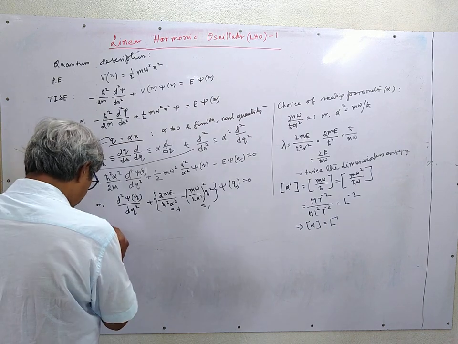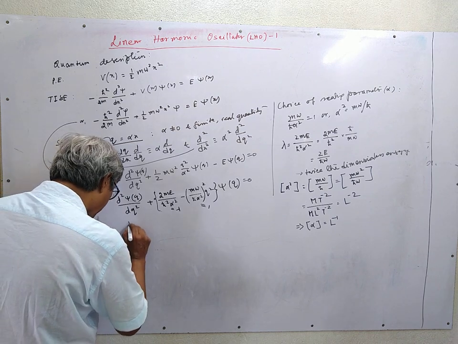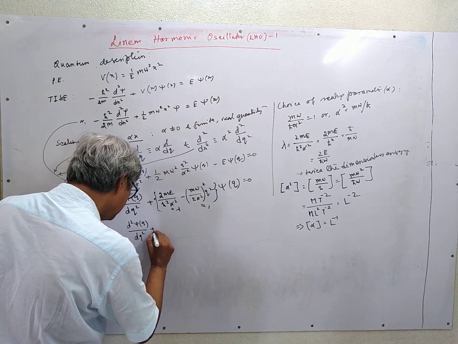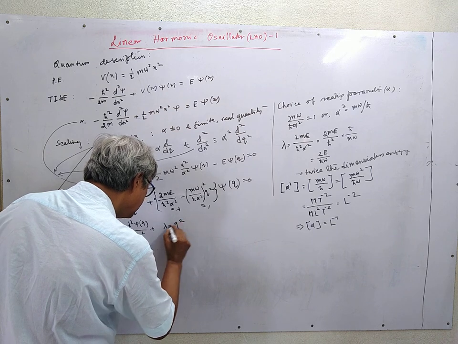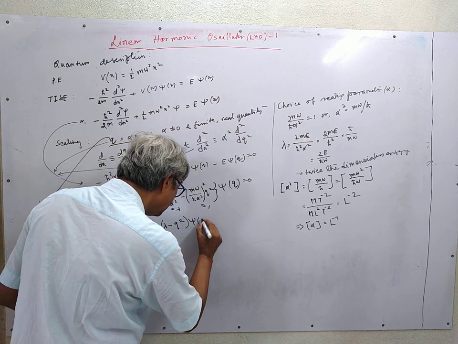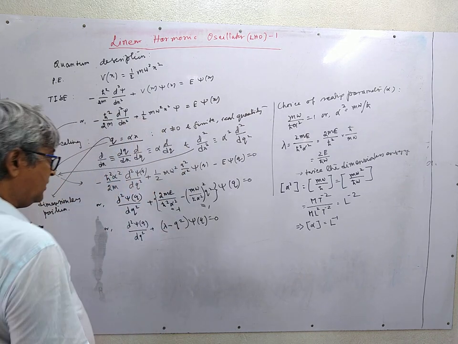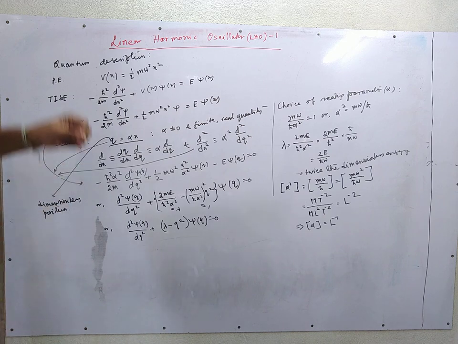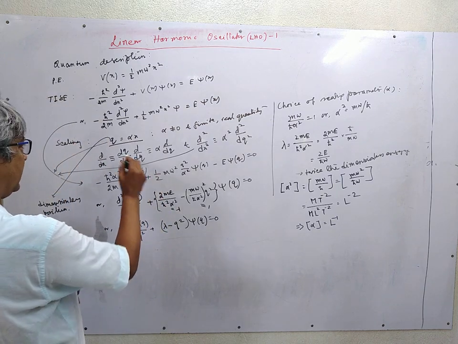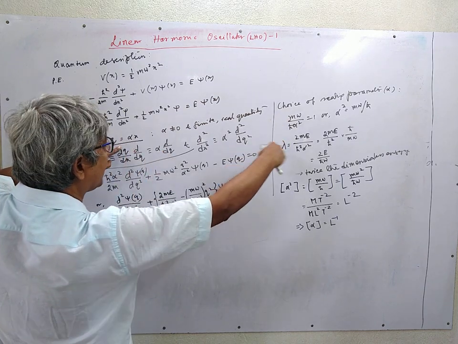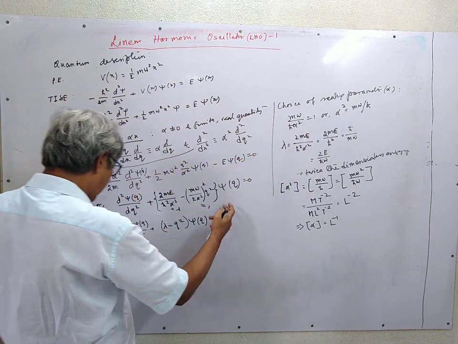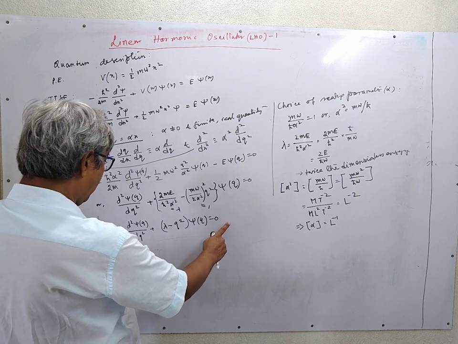So the equation in its dimensionless form becomes this. The solution of the quantum description of the linear harmonic oscillator with the scaling factor, where alpha is defined by the relation, thus becomes in its dimensionless form as this.